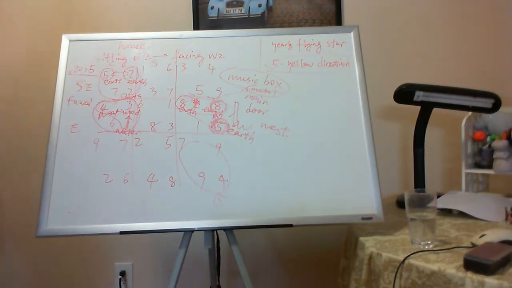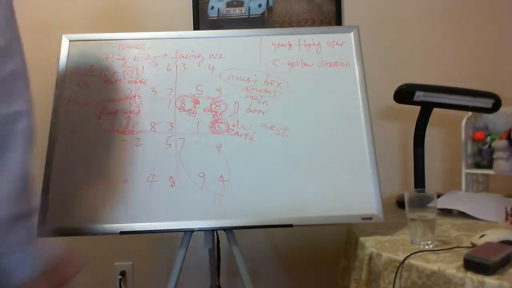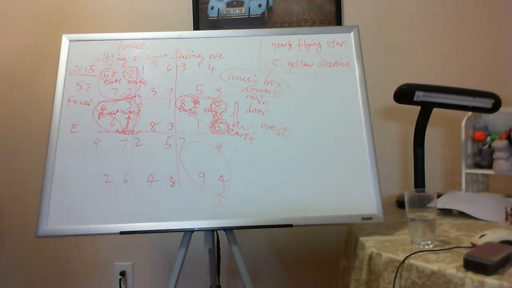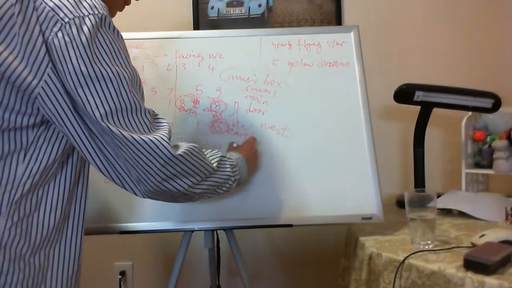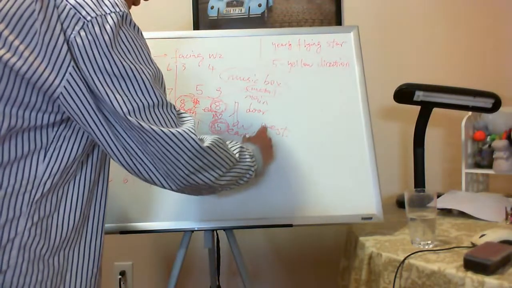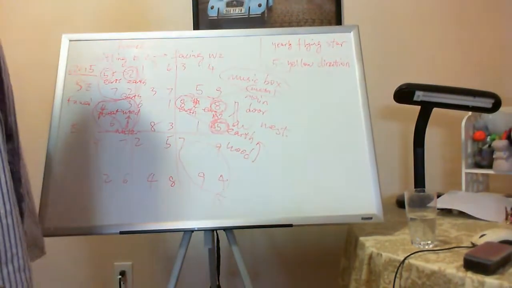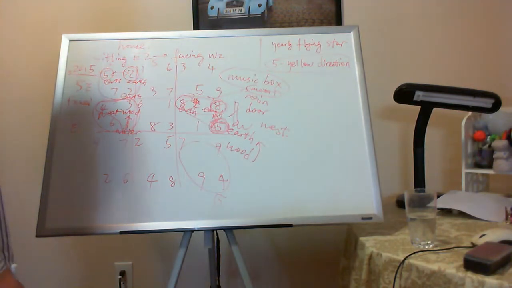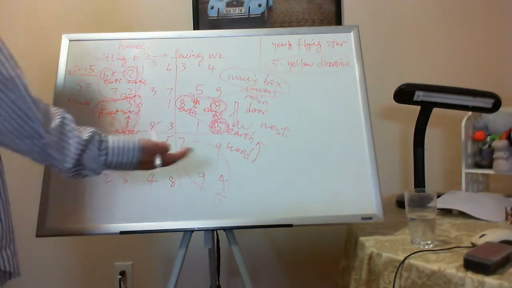One more word related to star 5. You cannot use the wood element. Remember, the wood element can destroy, control the earth element, right?